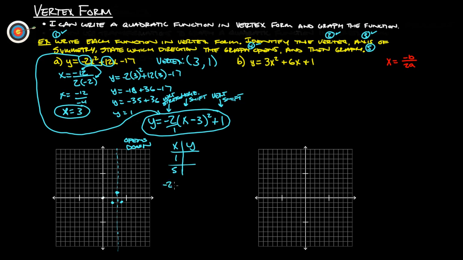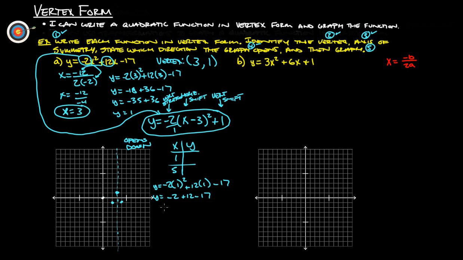So we go negative 2 times 1 squared plus 12 times 1 minus 17 is what our y value is going to equal. 1 squared is 1 times negative 2 is negative 2. 12 times 1 is 12. Negative 2 and negative 17 is negative 19, plus 12 gives us what?